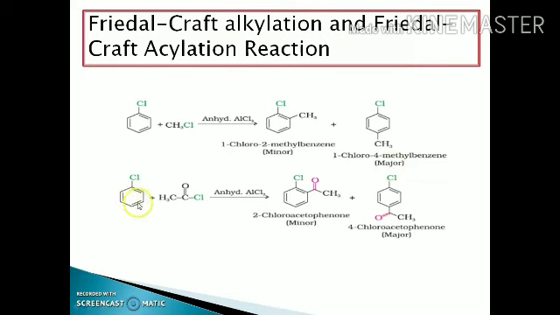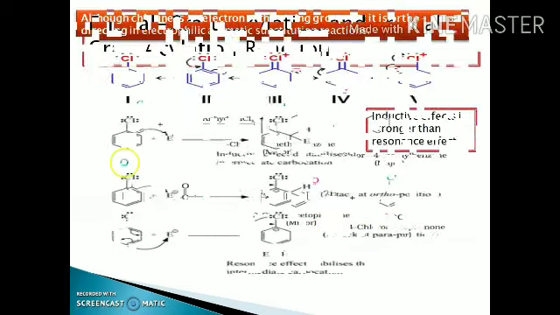Similarly, on treatment with acyl chloride in the presence of anhydrous aluminum chloride, it gives 2-chloroacetophenone as a minor product, while 4-chloroacetophenone is formed as a major product.